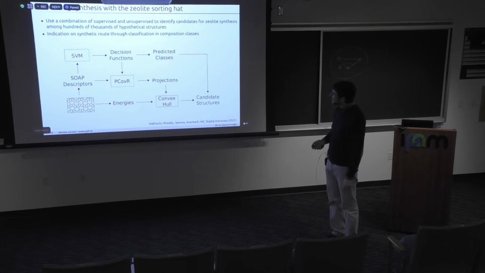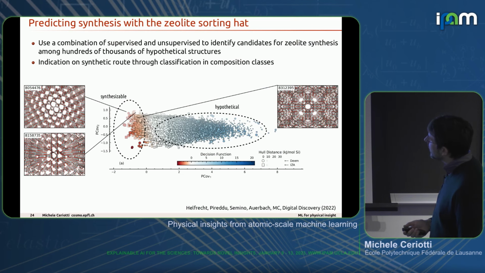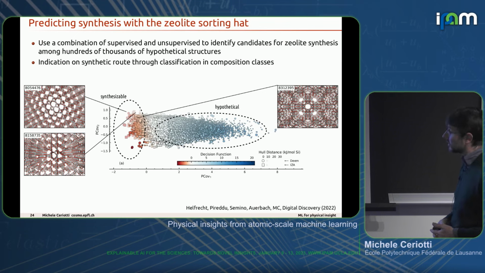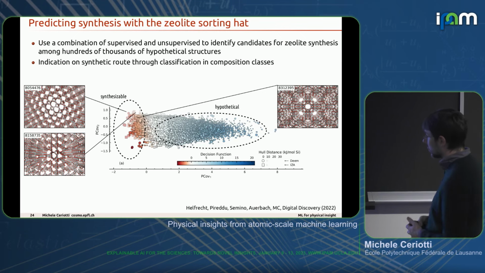And so basically we apply a lot of these techniques, including this principal covariate regression. The idea is to be able to separate the structures that have the highest potential of being synthesized from the millions and millions of hypothetical frameworks that have been proposed by computational searches.